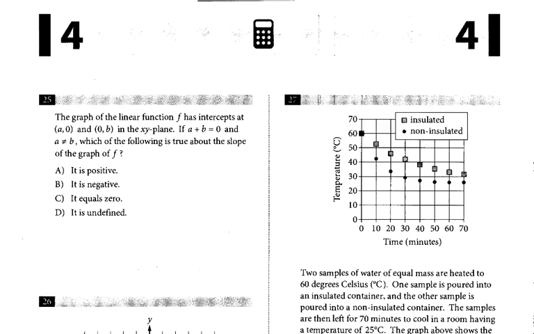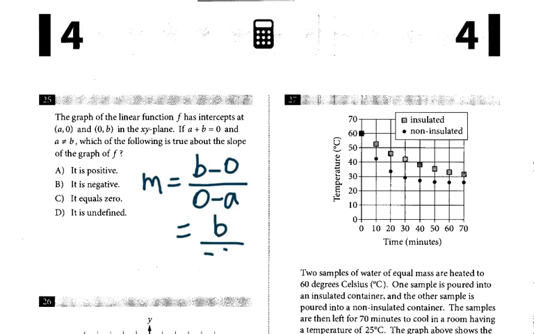So for 25, we need to figure out that the slope is equal to, plugging in, b minus 0 over 0 minus a. So I will get b over negative a.